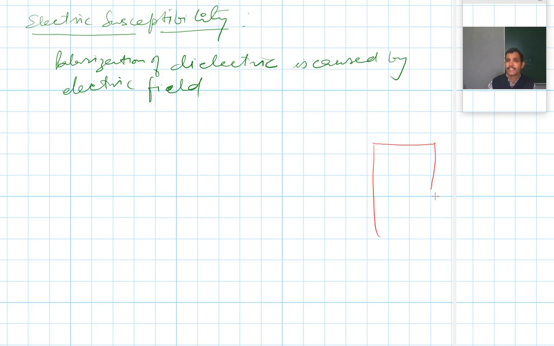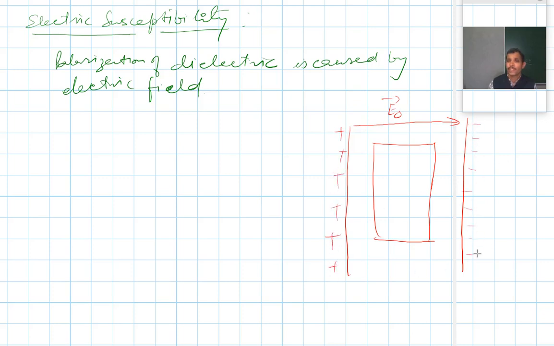Say there is a dielectric material and it is placed in the electric field. Say E naught is the applied electric field. It is along this direction, because positive charge will be on this and negative charge will be induced over this surface. So due to this polarization, an electric field will be developed, but in a direction opposite to that of the applied field, right? It is applied in this direction and polarized field will be along this direction.